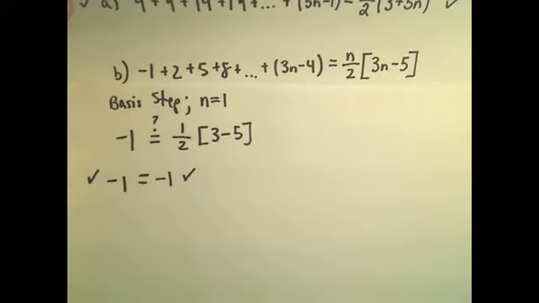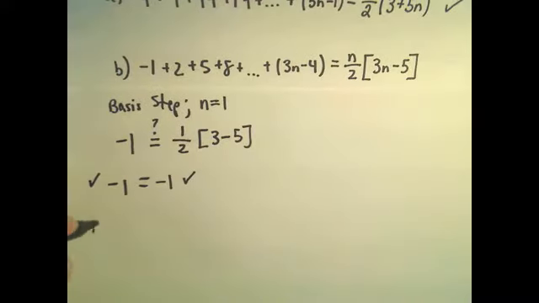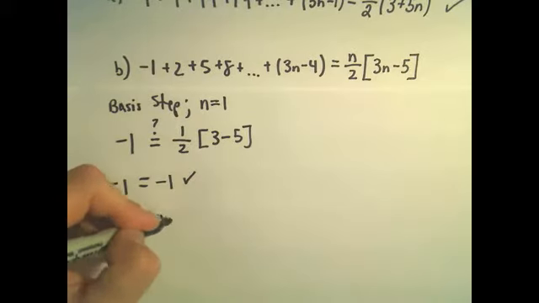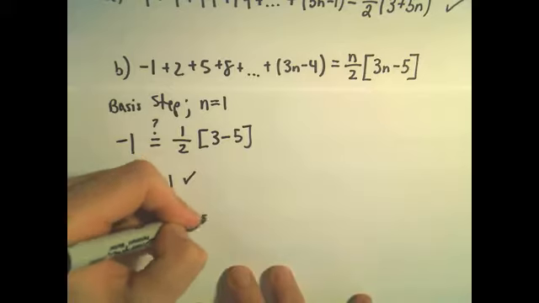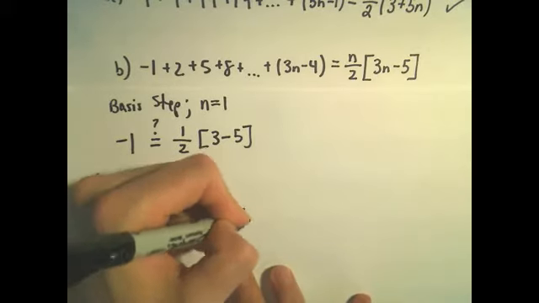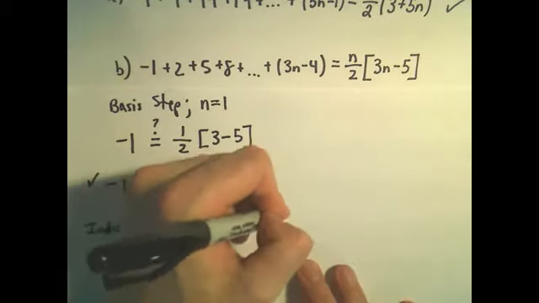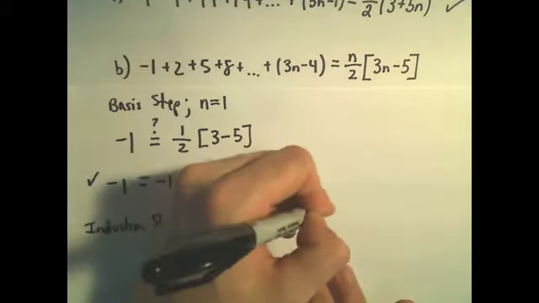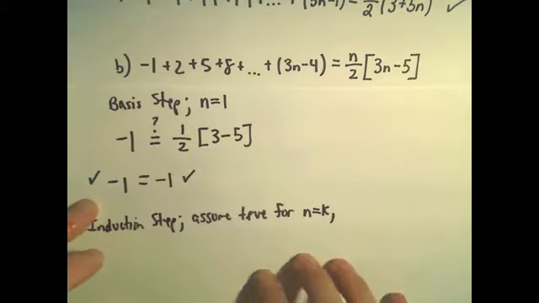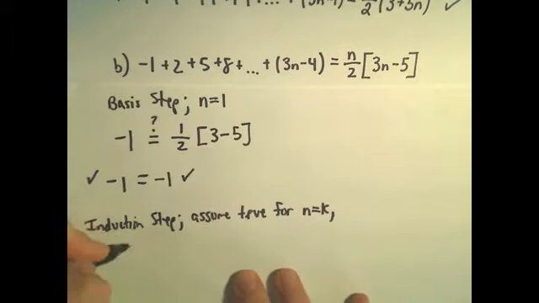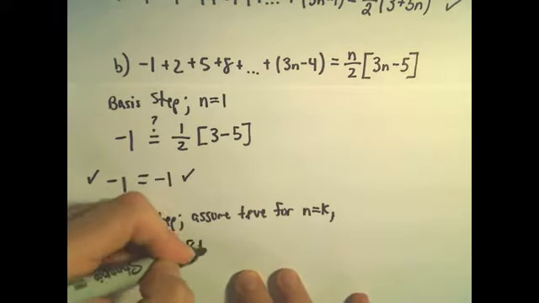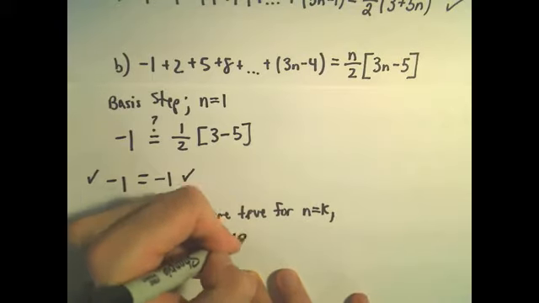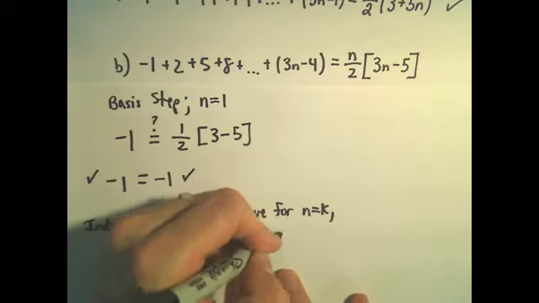Okay, so now we'll do our induction step. Again, in the induction step, we assume it's true for n equals k. If we assume it's true for n equals k, that's going to give us -1 plus 2 plus 5 plus 8 plus ... 3k minus 4.